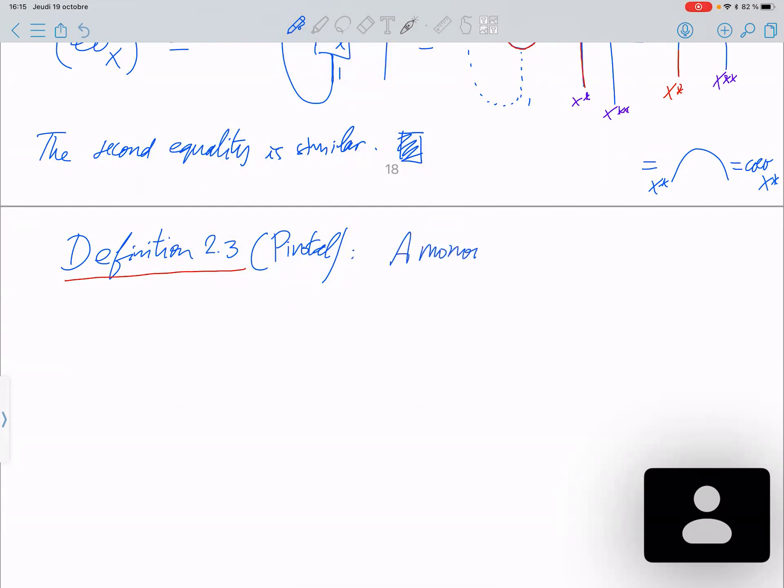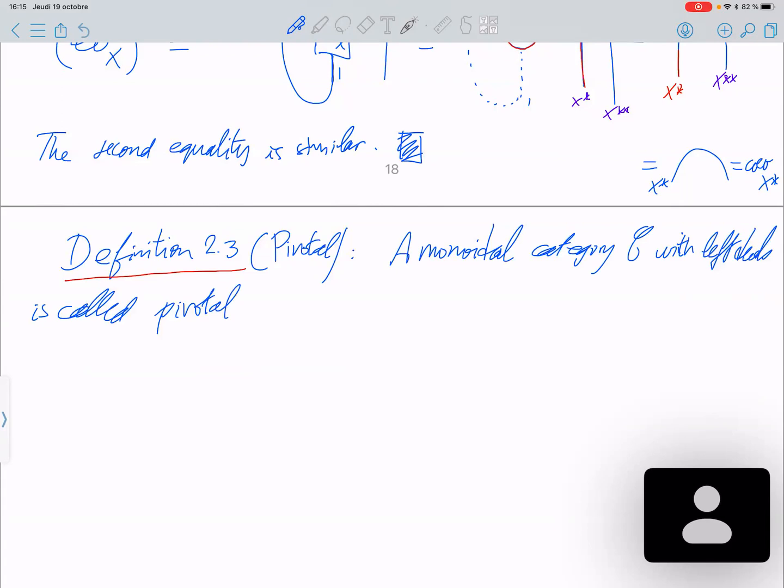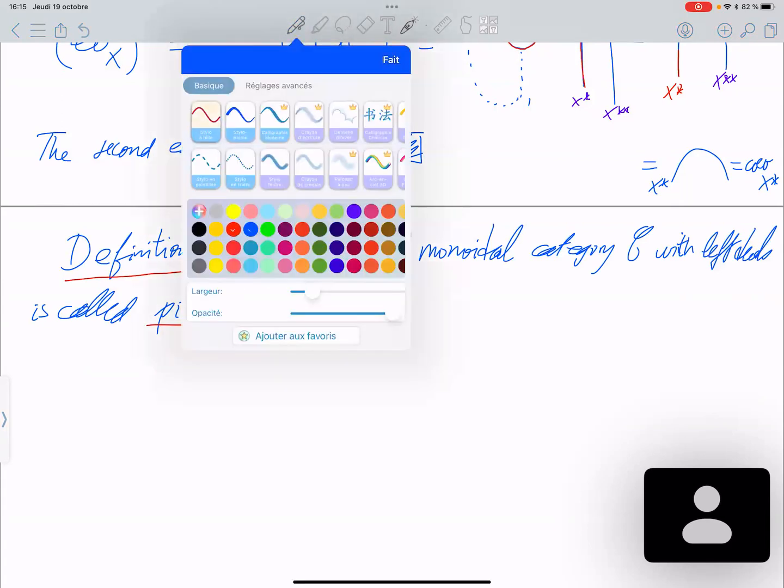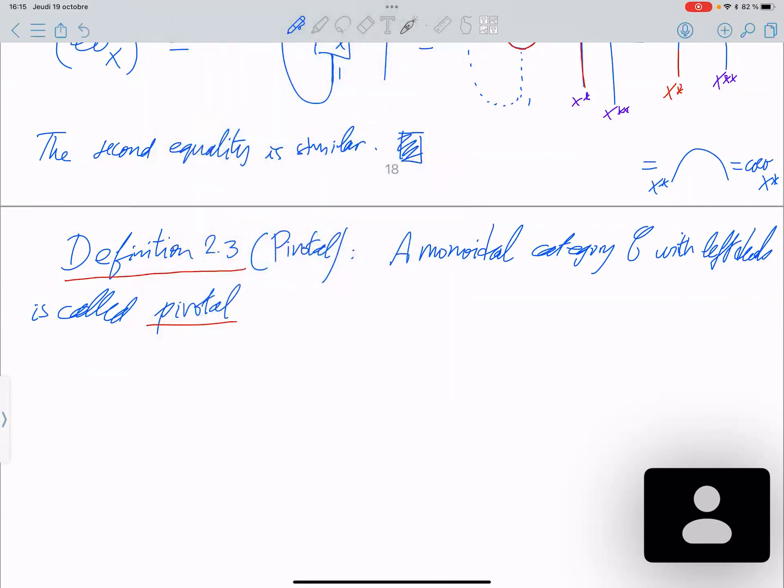A monoidal category C with left duals is called pivotal if there is an isomorphism of monoidal functors between the identity functor and the double dual functor.